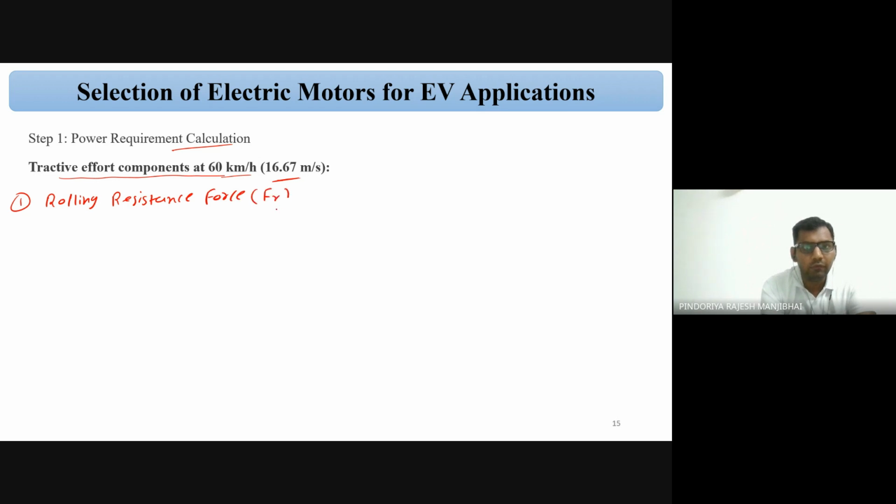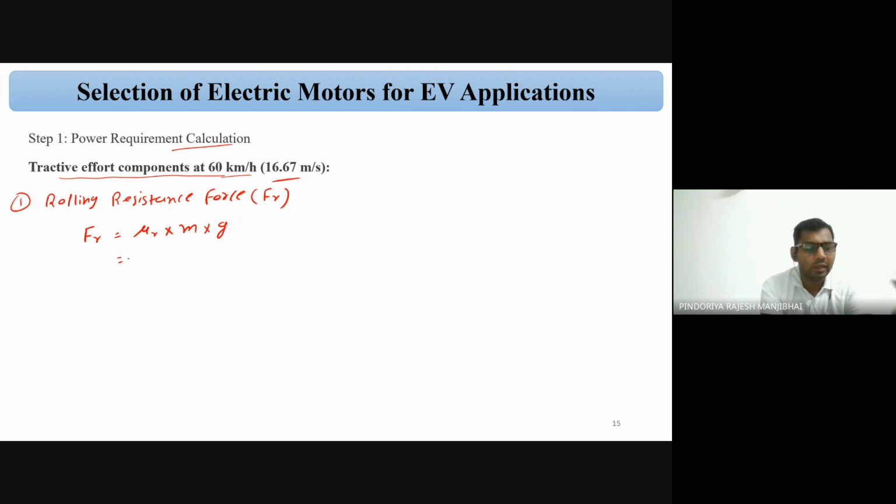This is FR. Sometimes capital R is used, and sometimes small r, but it is the rolling resistance force. FR is equal to mu r into mass into gravitation.